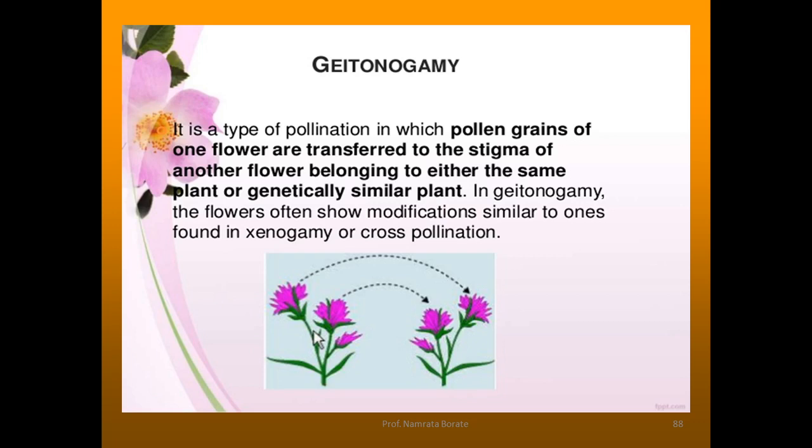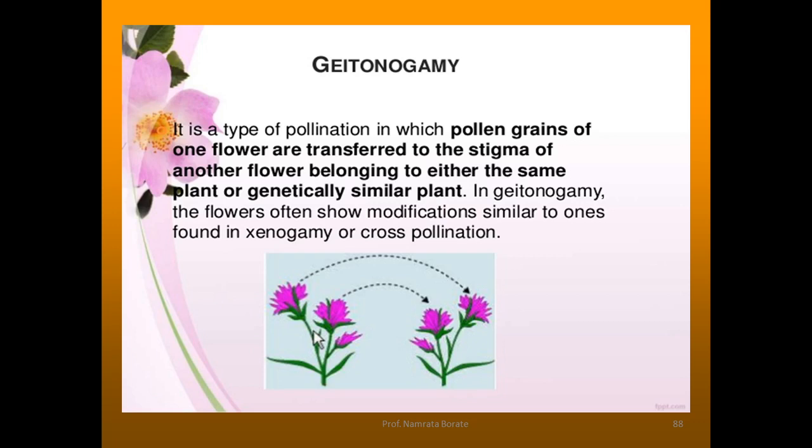It is similar to autogamy, as the pollen grain comes from the same plant. Here only one plant is involved, but there is a pollinating agent. Geitonogamy is not possible in dioecious plants.